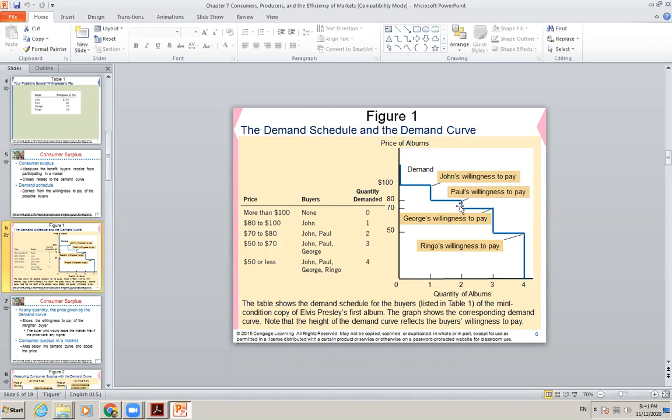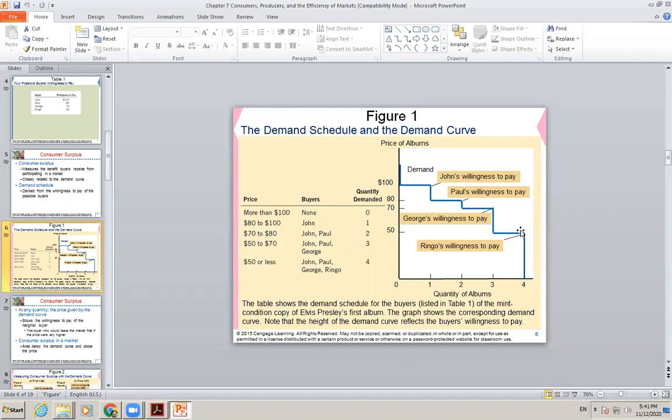At most, they will purchase 2 albums. John, Paul, and George are willing to pay $70 to purchase 3 albums. And all 4 of them will pay $50 to purchase 4 albums.